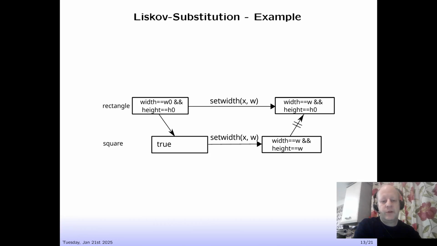For example, if we double the width of a rectangle, we expect the area to double as well, but if a square is substituted, then suddenly the area will be 4 times as much. So we can't reason very well about the code anymore.